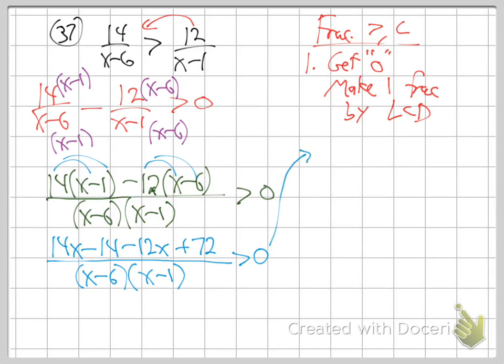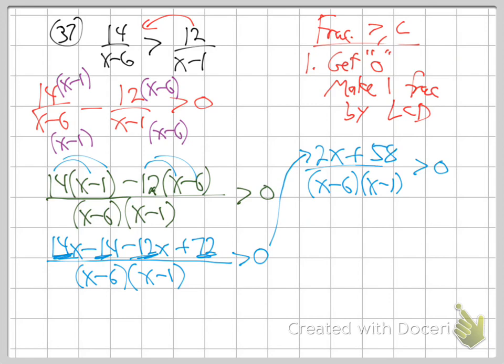Bring it over here. Gather like terms. 14x minus 12x, 2x. 72 minus 14, is that 58? Yes. Over x minus 6, x minus 1, greater than 0. So, all right, that's all step 1. Get a 0 and make it one fraction.